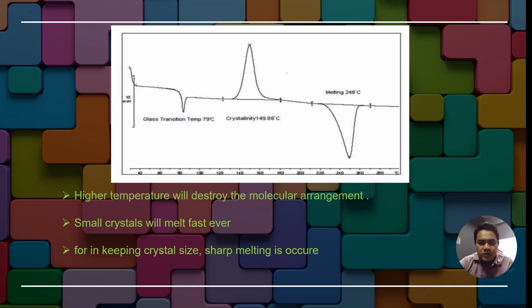When the temperature becomes higher, the molecular arrangement is easy to destroy. Number two is that small crystals will melt faster. So when we use small crystals, the melting time will be fast, and in keeping crystal size uniform, sharp melting occurs.